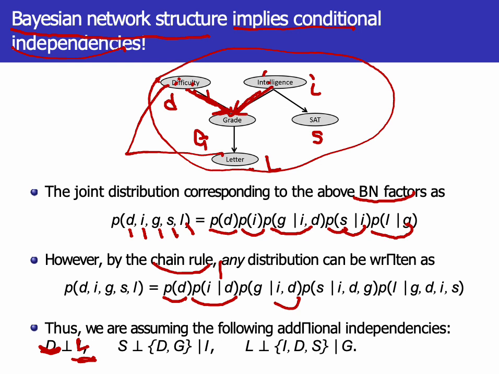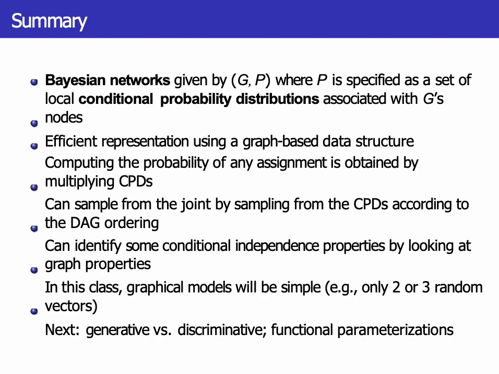And also S is independent of D, G and L given I. And L is also independent of I, D, S given G. So you can use these conditional independence relations to represent Bayesian networks.